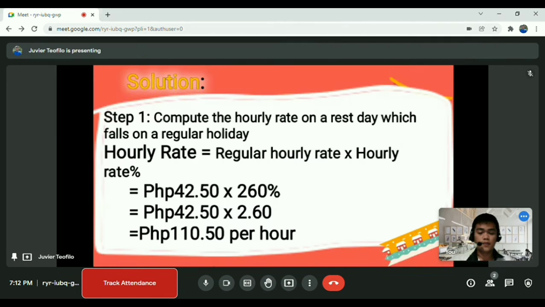So let's go back. We have 42 pesos point 50 centavos times 2.60 and it is equal to 110 pesos point 50 centavos per hour, and this is our hourly rate. Okay, so step 1. Now, please take note of our hourly rate.